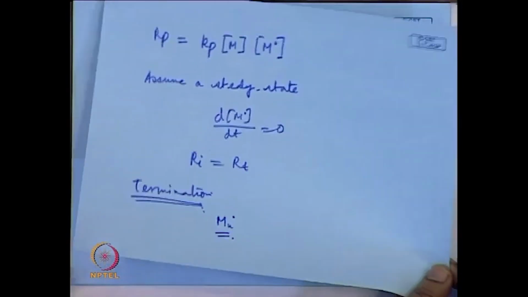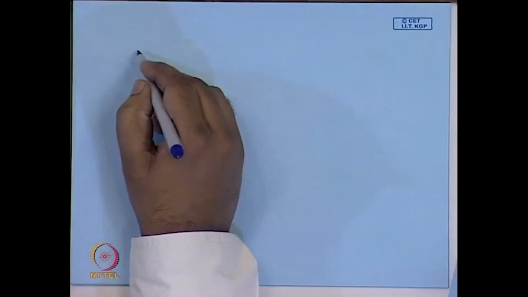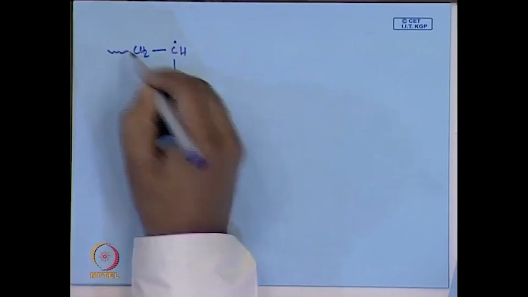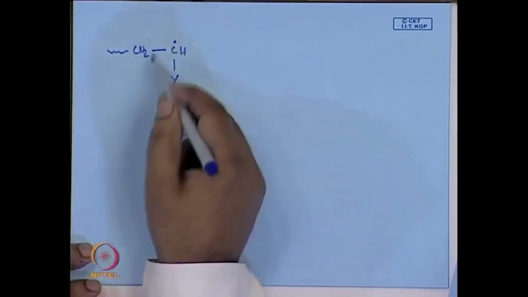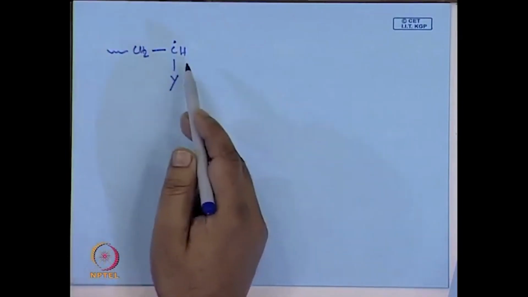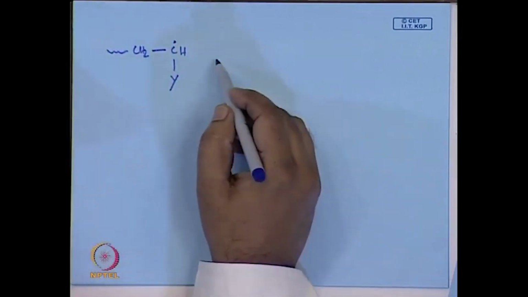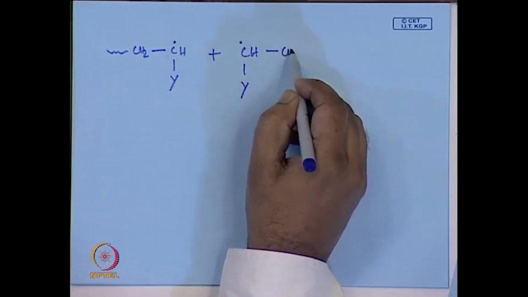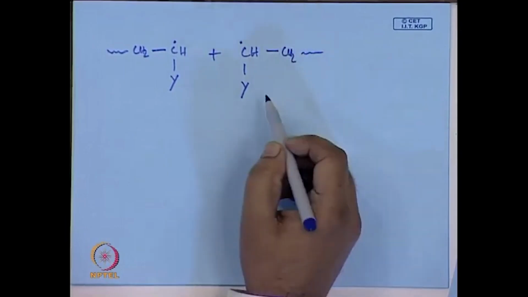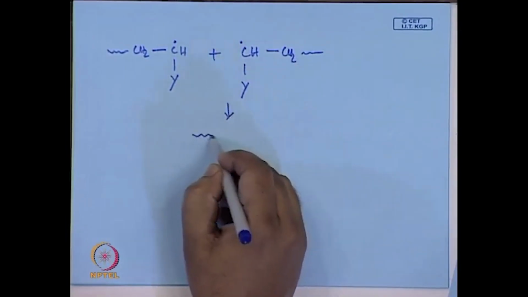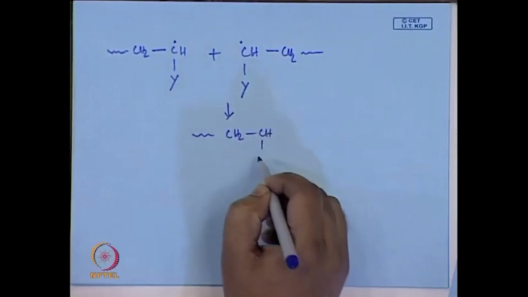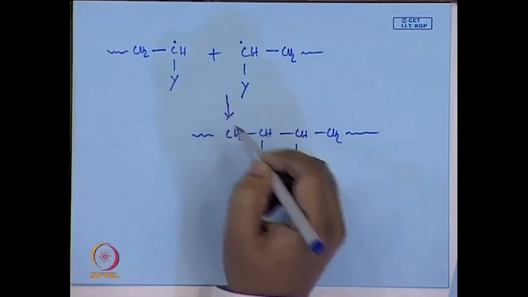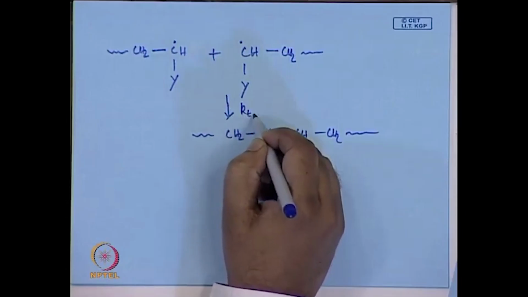If I take the same simple monomer structure, it can get terminated by reacting with the same kind of molecule, by a coupling reaction, with rate constant K termination by coupling.